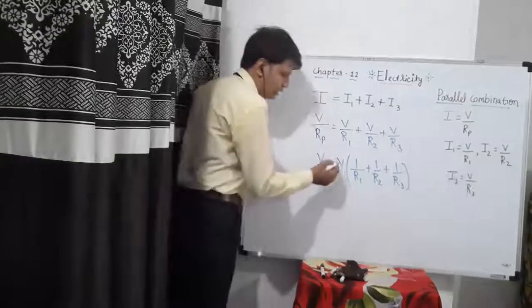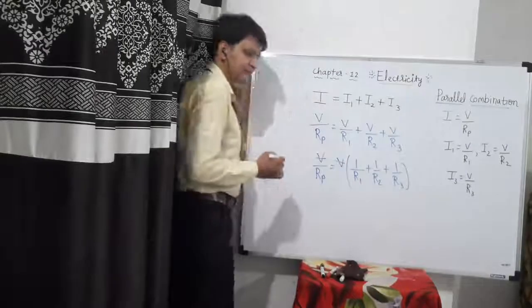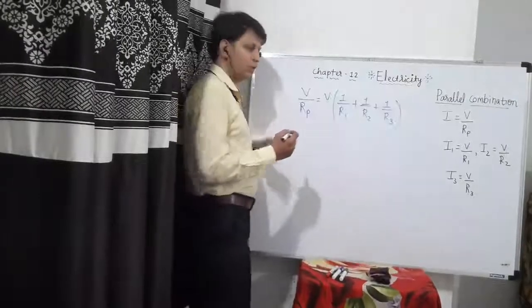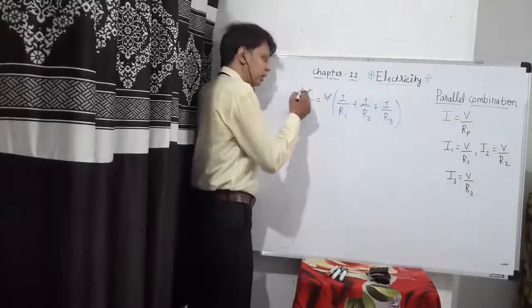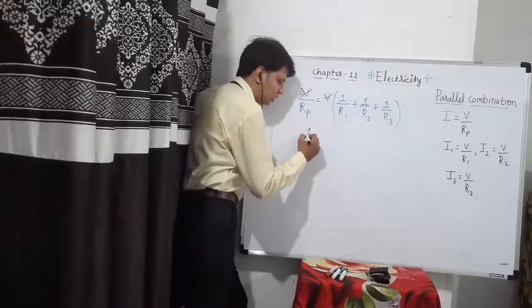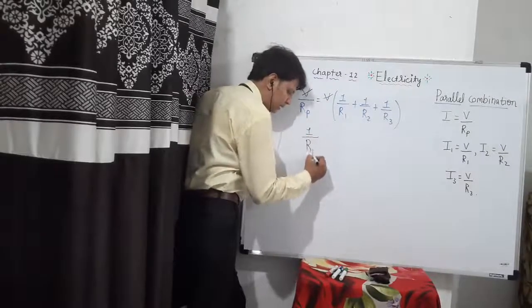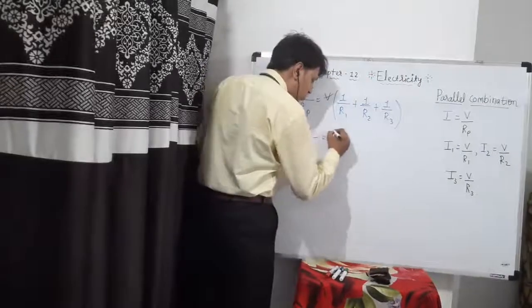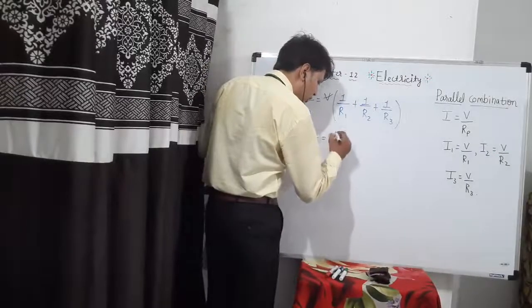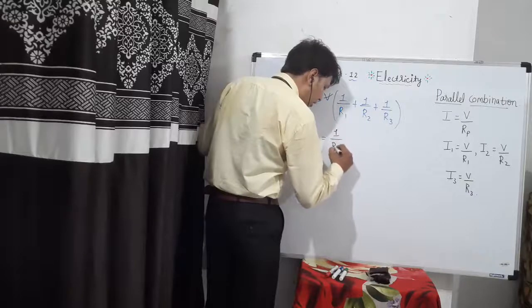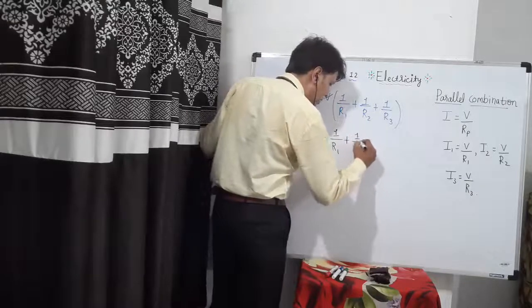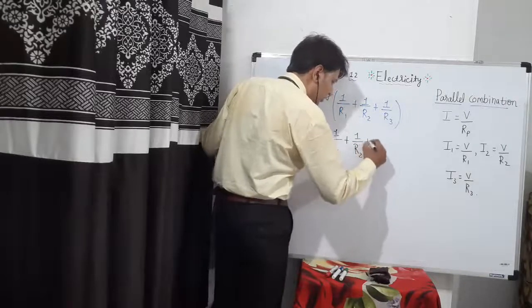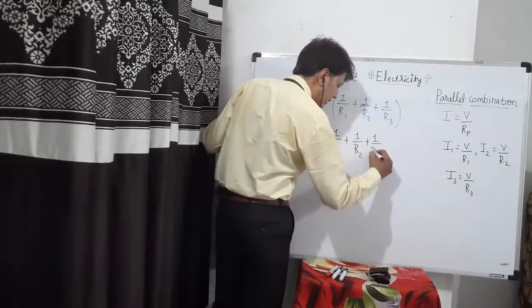So I can cancel out V here. If I cancel out V, I get 1 upon Rp, which is equal to 1 upon R1 plus 1 upon R2 plus 1 upon R3.